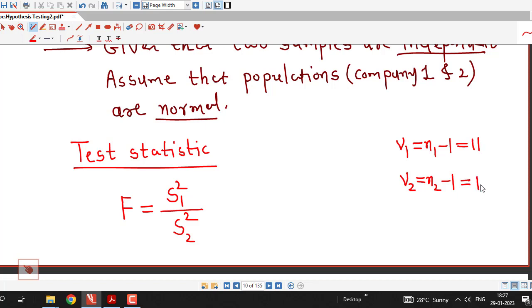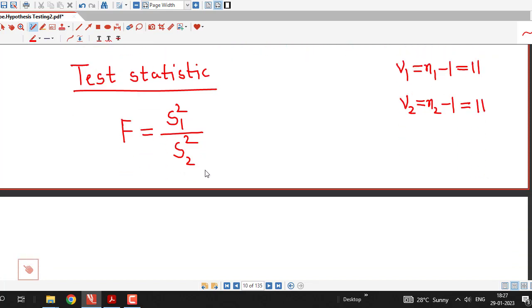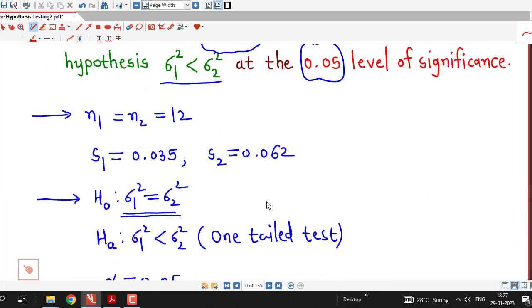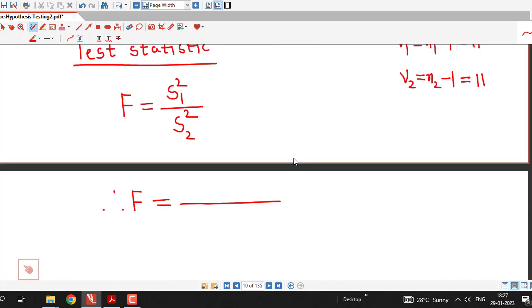Therefore, we have 11 degrees of freedom in the numerator and 11 degrees of freedom in the denominator, and we are given values of sample standard deviations, so that we substitute here. S1 is 0.035, S2 is 0.062.